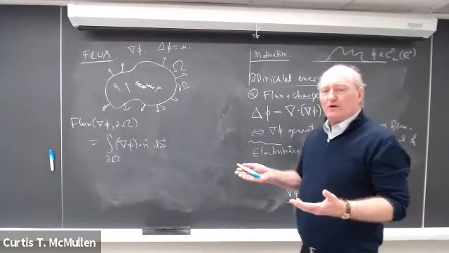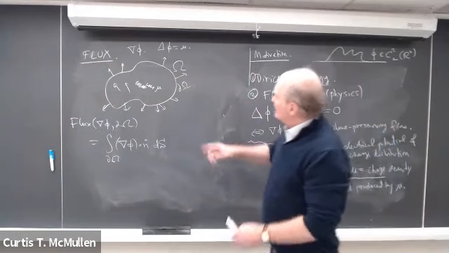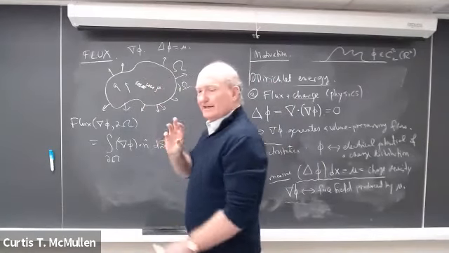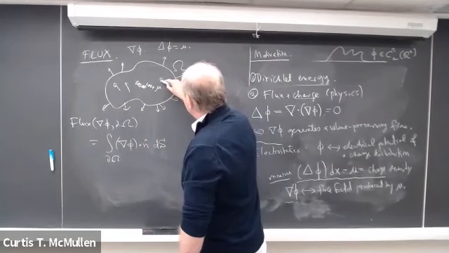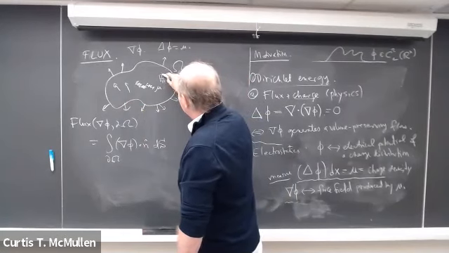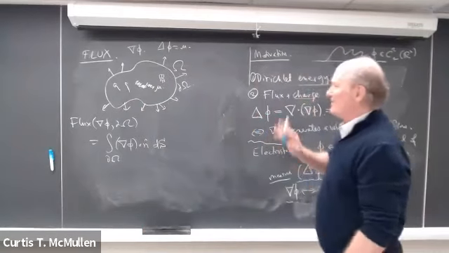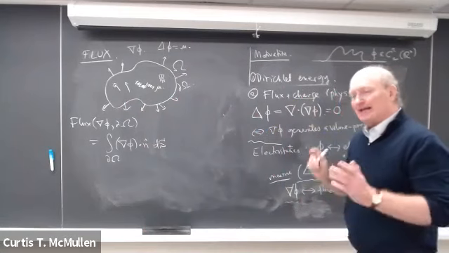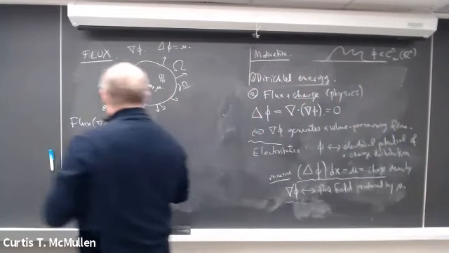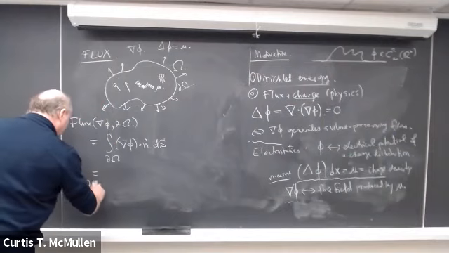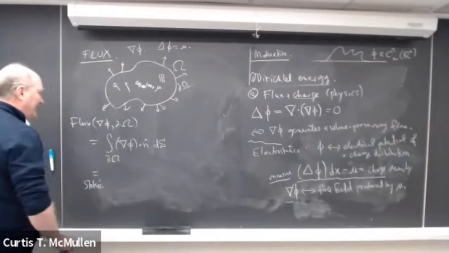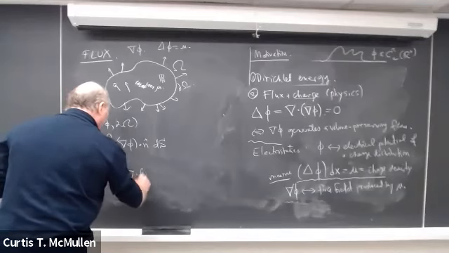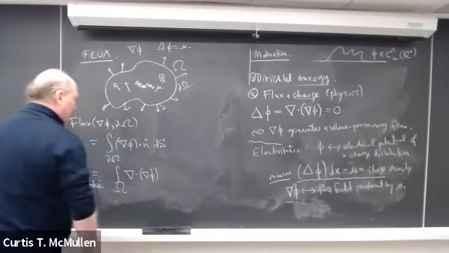Okay, now what does Stokes' theorem tell us? It tells us that in general, the flux through the boundary of omega is just the sum of the fluxes through all the tiny boxes that you could use to tile omega. And the flux through an infinitesimal box is just the divergence. That's the intuition of Stokes' theorem. So by Stokes' theorem, this is equal to the integral over omega itself of the divergence of our vector field with respect to volume.